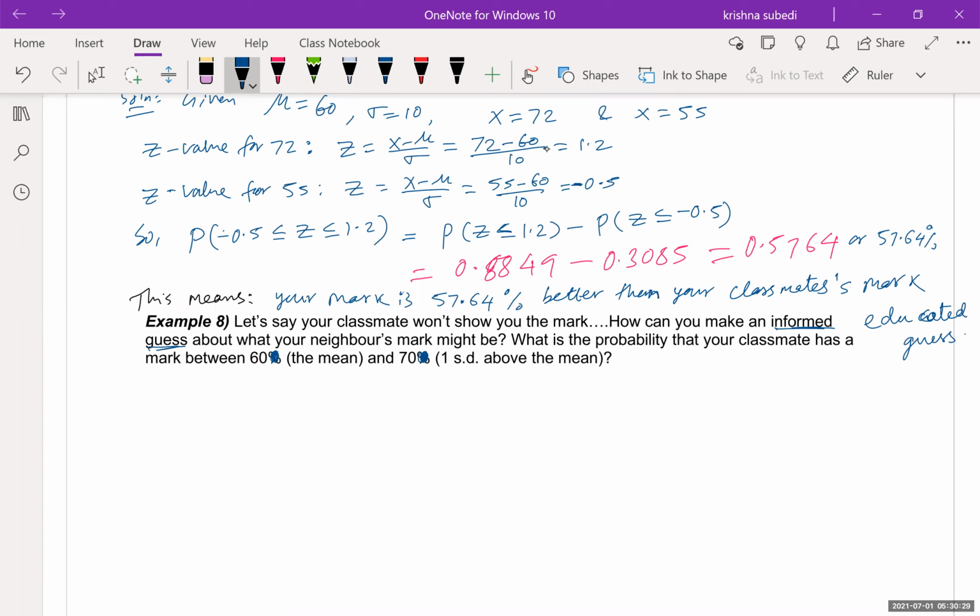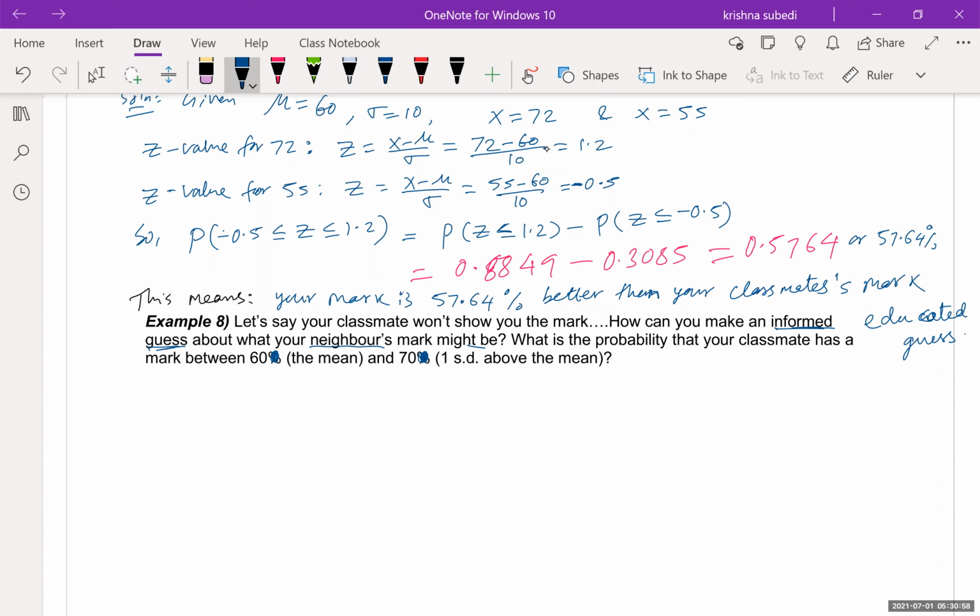How can you make an informed guess about what your classmate's mark might be? So here is a question. What is the probability that your classmate has a mark between 60 and 70%? Even though your classmate doesn't want to show his score to you, you can guess.